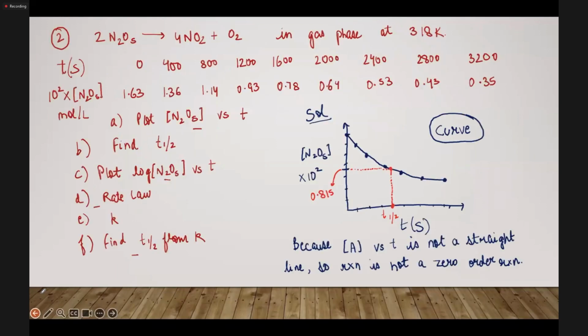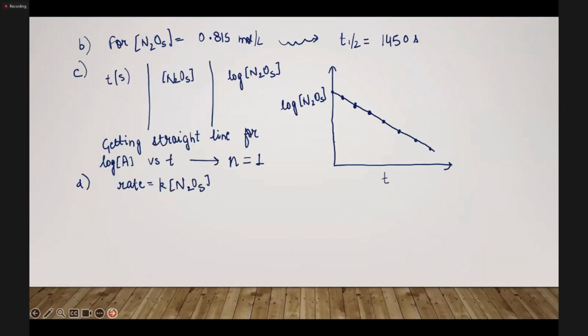Then the next question says find the value of the rate constant and then half-life from k. So first we need to find out the rate constant k.